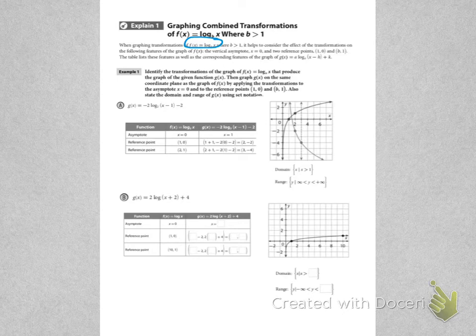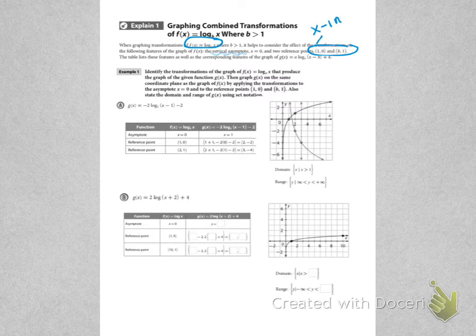The vertical asymptote, the basic position of which is at x equals 0, or the y-axis, and 2 reference points. They're 1, 0, which is the x-intercept in every case of these parent functions, where it crosses the x-axis.